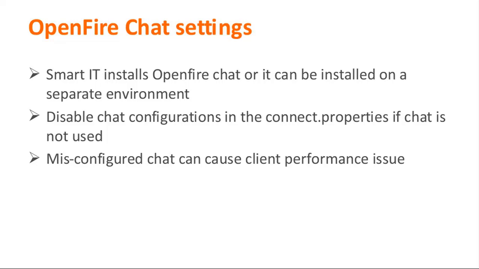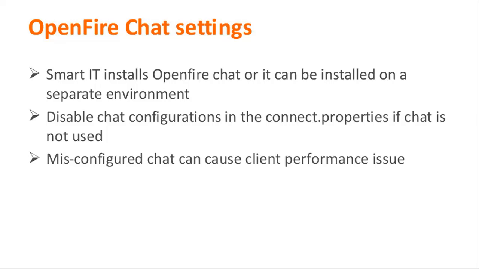Since OpenFire was not configured in the OpenFire admin console, it was fine. It wasn't causing any functional issues, but at the client side, you were seeing degradation whenever the calls were going to this third server, because it's thinking chat is on and the calls are failing.